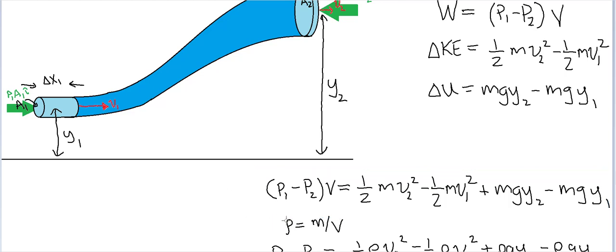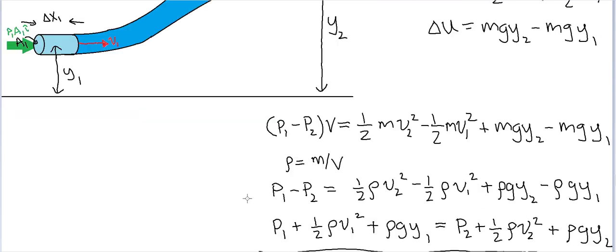We can remind ourselves that density is mass per volume. And so if I divide both sides by volume, the V goes away on this side, P1 minus P2, and on the right side, I have m over V in each term.